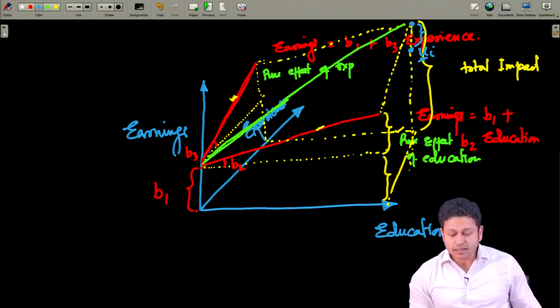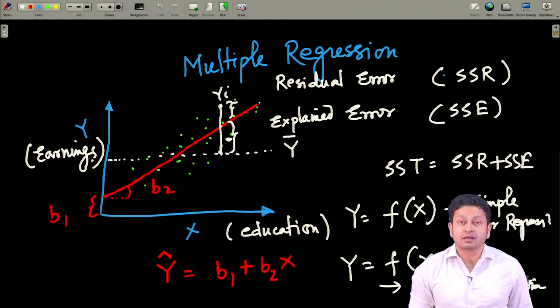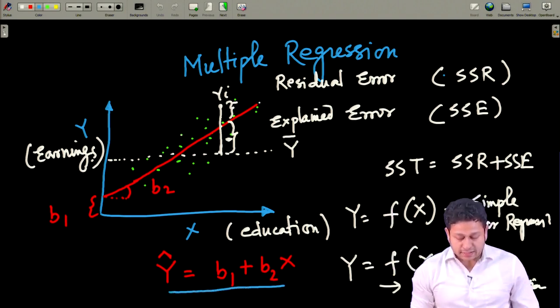So, now we have graphically understood how it will be when we draw a multiple regression, a visual depiction of the multiple regression. We have seen how it would look. But at the end of the day, what we want is an equation like this, right.